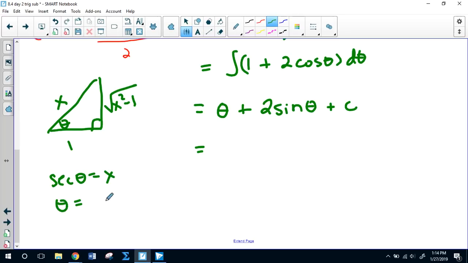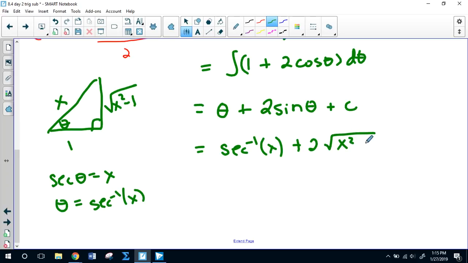That means theta equals inverse secant of x. So inverse secant of x goes here. And sine, we know, is equal to opposite over hypotenuse. So my opposite is the square root of x squared minus 1 over hypotenuse of x, plus c.